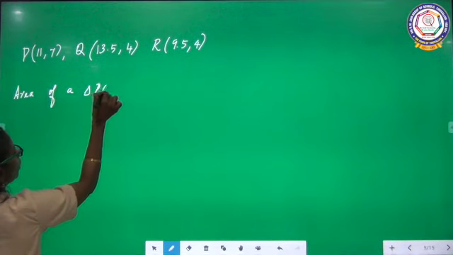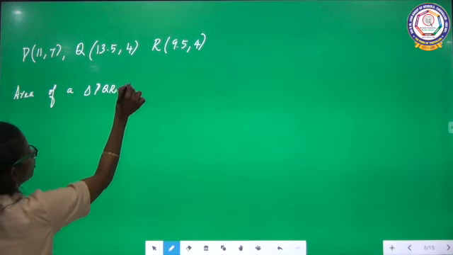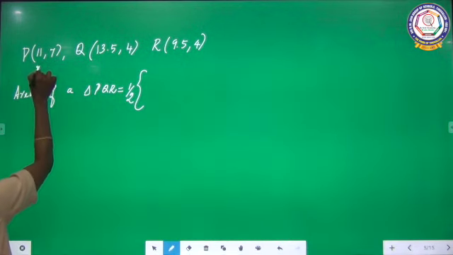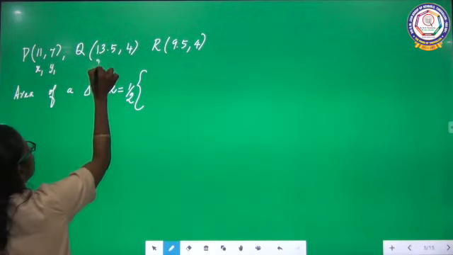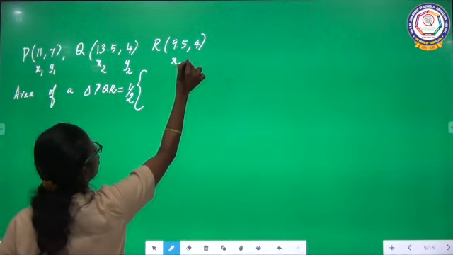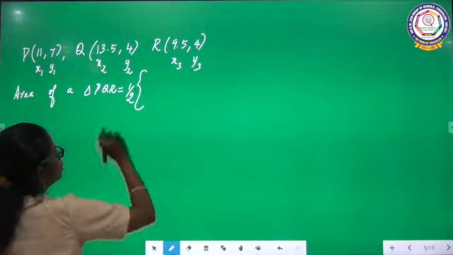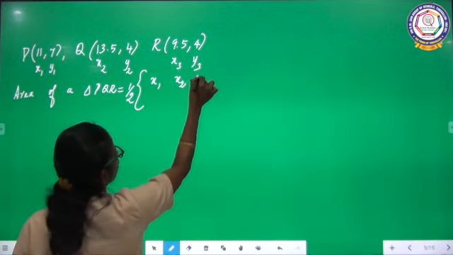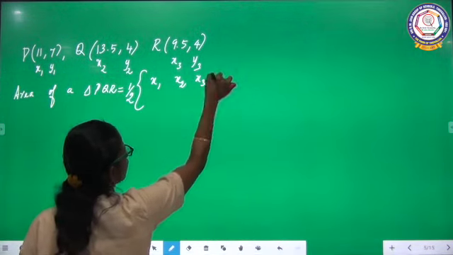Now the same area of a triangle PQR equal to 1 by 2. The same formula you have to recall. X1, Y1, X2, Y2, X3, Y3. X1, X2, X3, again X1.